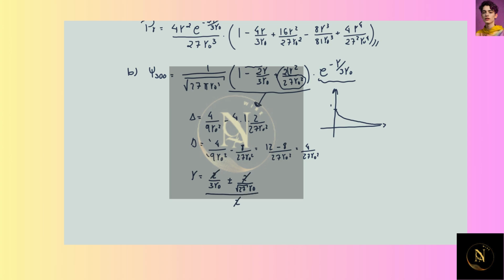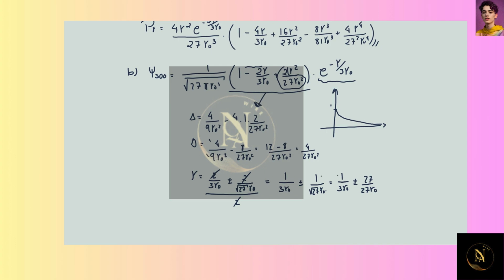They simplify, and we get 1 divided by 3 times r0 plus or minus 1 divided by the square root of 27 r0. We can multiply both the numerator and the denominator by the square root of 27 to get 1 divided by 3 r0 plus or minus the square root of 27 divided by 27 r0.